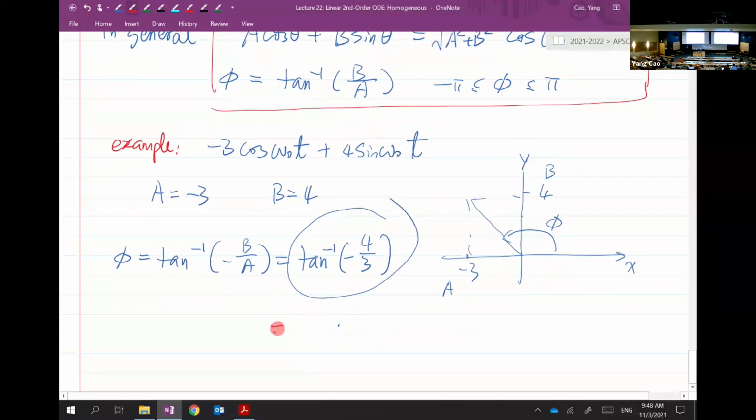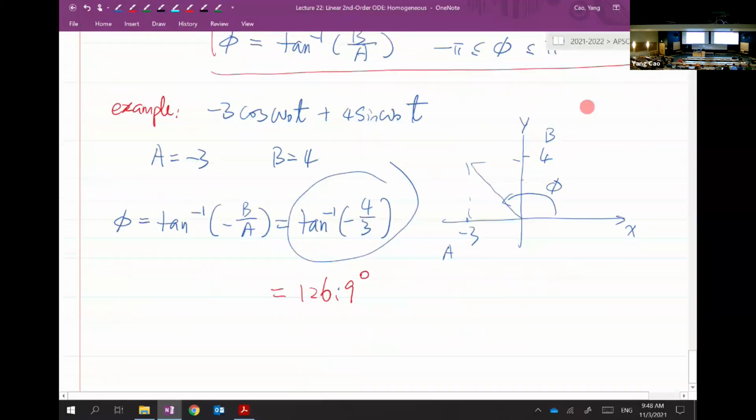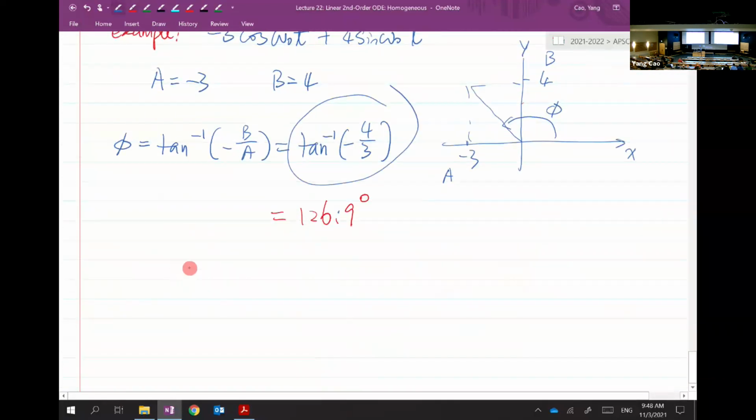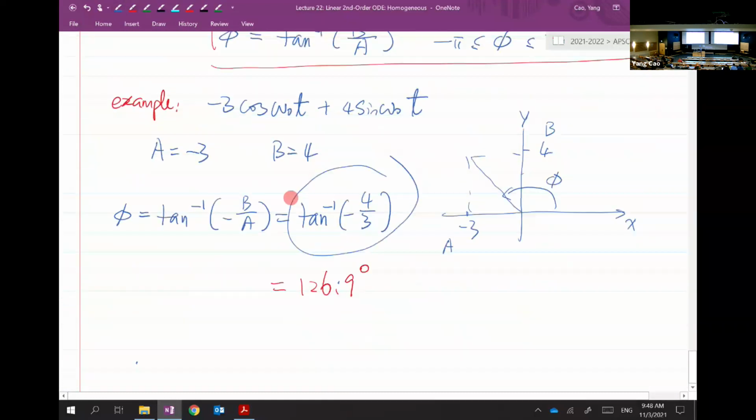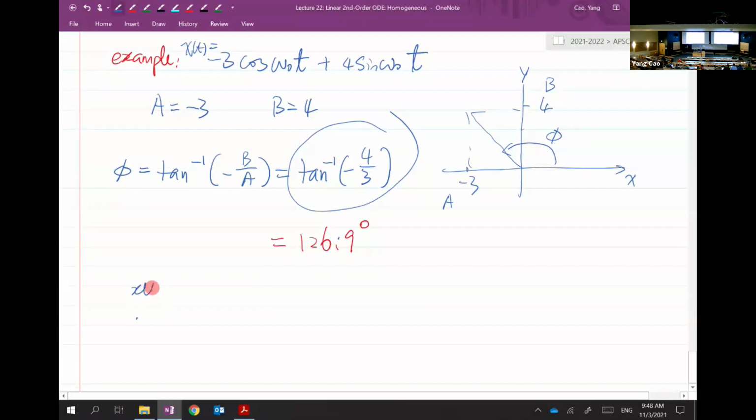So that should be 126.9 degrees. Then you can use the formula over here to get your overall expression. Let's say this is x of t, and x of t is equal to the square root of a squared plus b squared, times cosine of omega naught t minus phi.